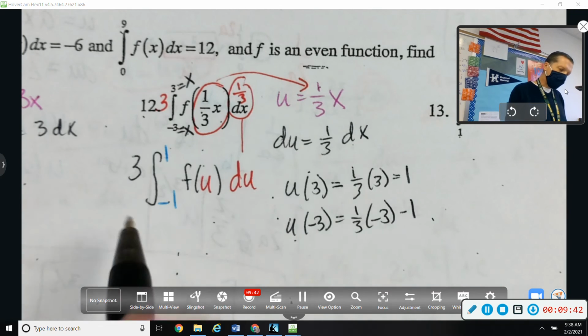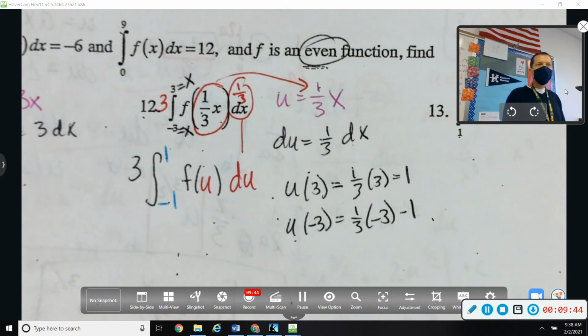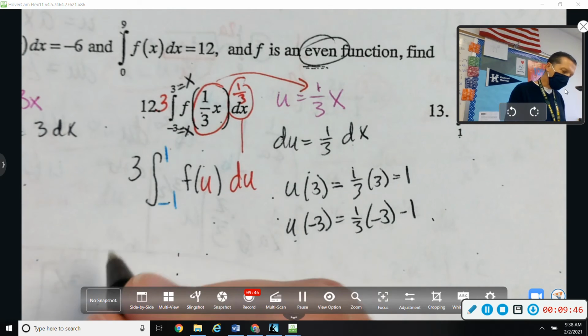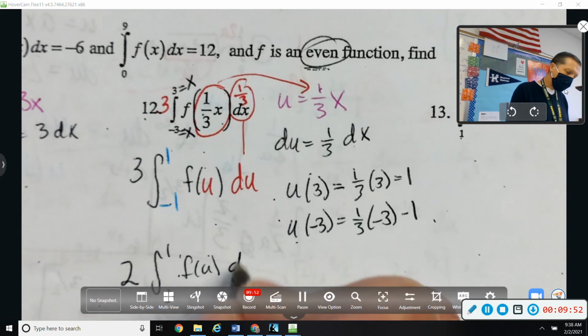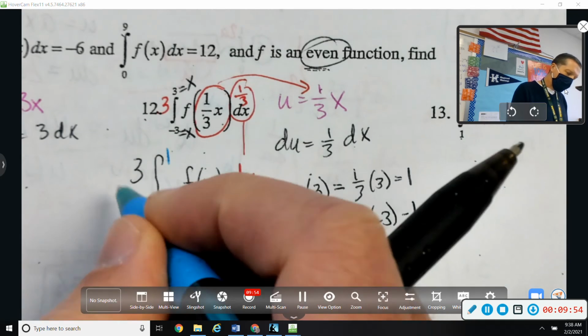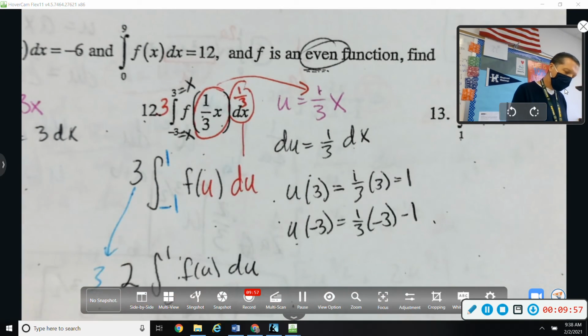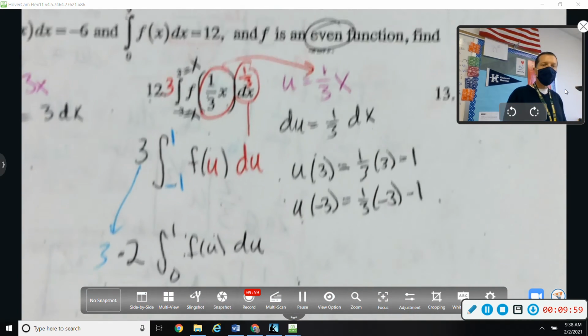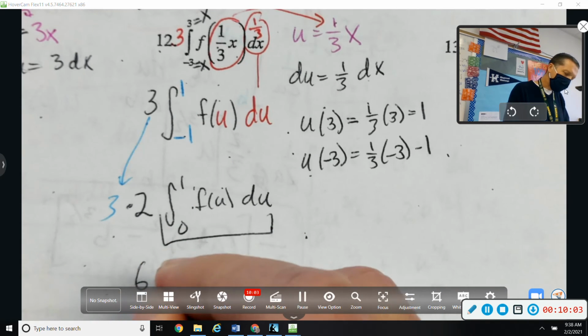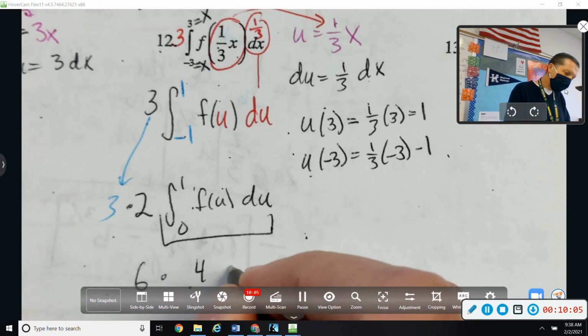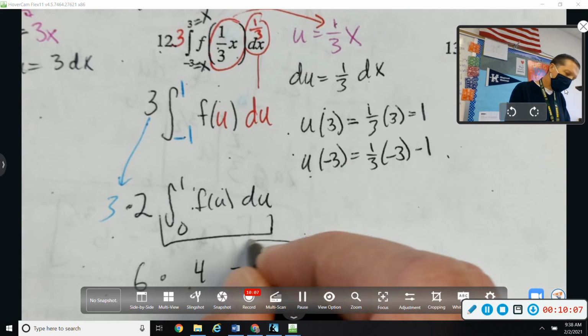I have 0 to 1, and I know that it's an even function. So because it's an even function, I can double the integral from 0 to 1. And then don't forget that 3 out there. So they gave us this. 6 times 4 is 24.